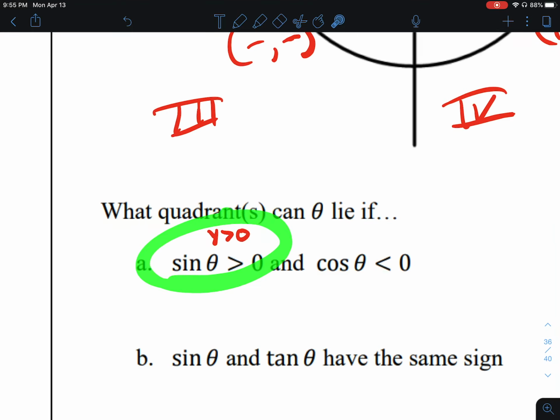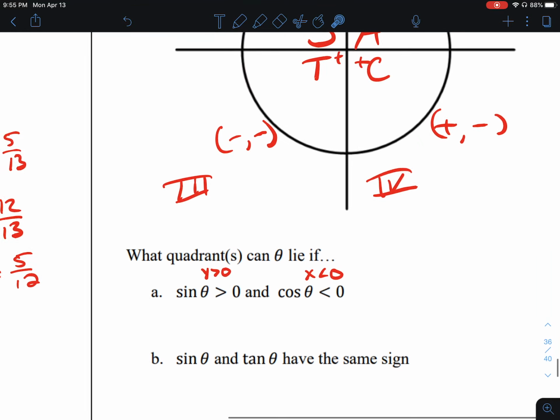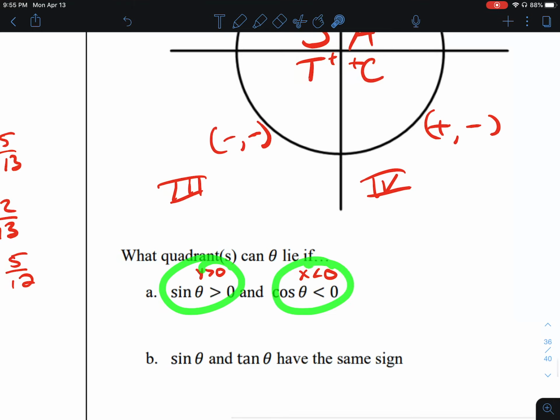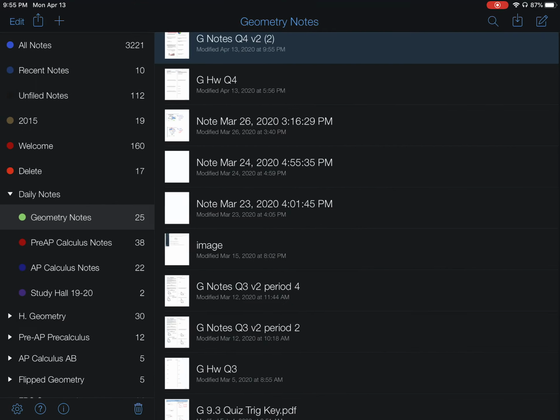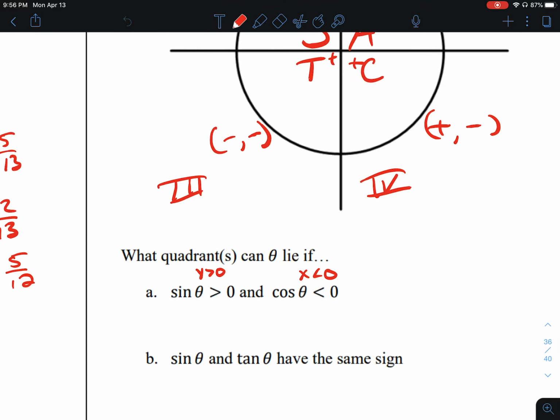This is referring to quadrants 1 and 2, because that's when y is positive. If cosine of theta is less than 0, that's really saying that x is less than 0. This happens in quadrants 2 and 3. So here it's 1 and 2, here it's 2 and 3. Where do those overlap? Those overlap in quadrant 2. So this has to happen in quadrant 2.